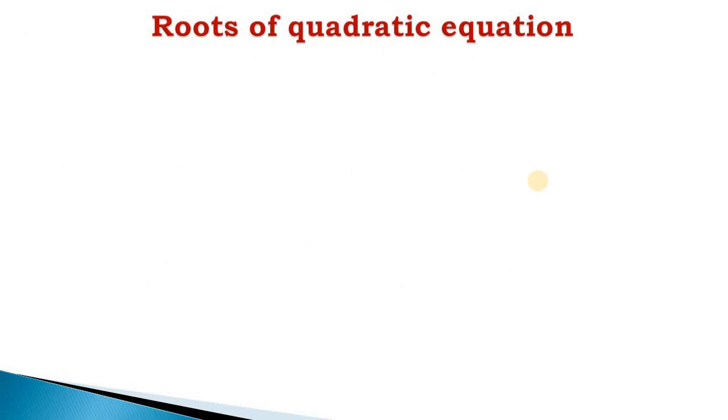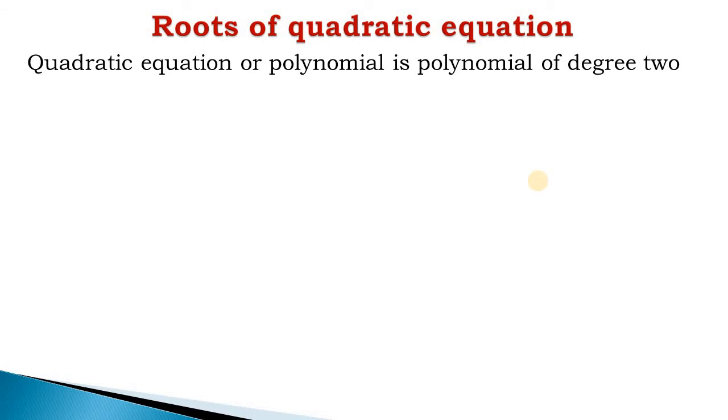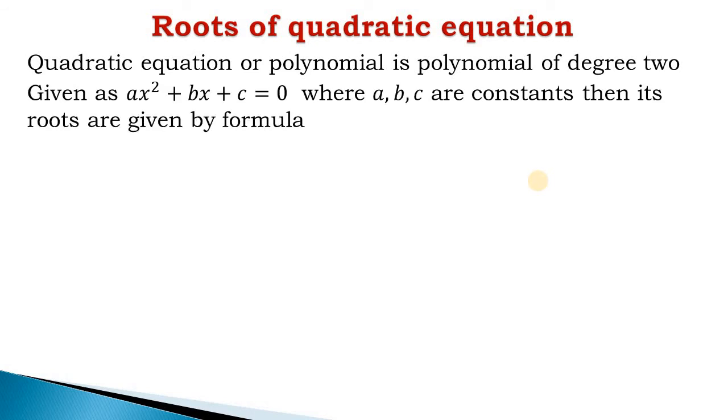Now let us revise the basic formula for finding the roots of a quadratic equation. A quadratic equation, we know, is given as ax square plus bx plus c is equal to 0, where a, b, c are coefficients and c is the constant term.